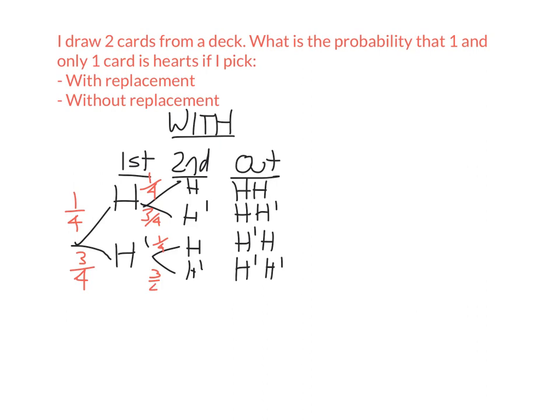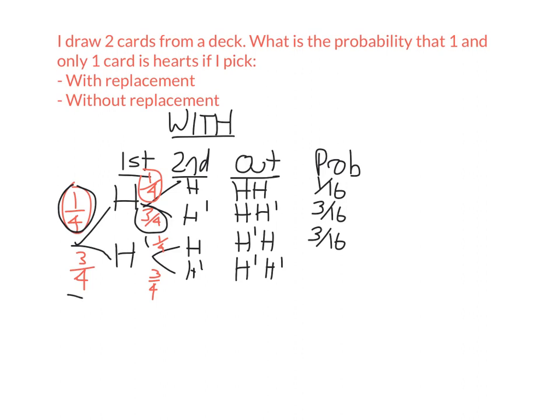So how I calculate the probabilities is I multiply them. So the probability of getting heart and then a heart is 1/4 times 1/4, which is 1 out of 16. The probability of getting hearts the first go and then not a heart is 1/4 times 3/4. So that would be 3 over 16. And the next one will be 3 over 16.